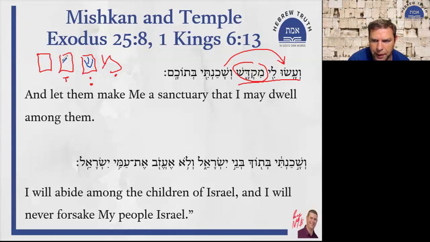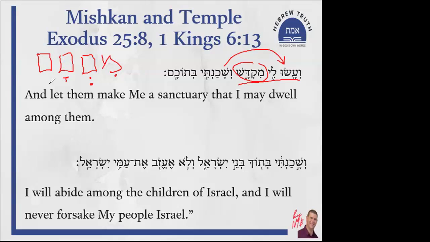The root shin mem reish is put into the pattern of MIQTAL, and we get the word mishmar. Okay? And the word mikdash is the word for sanctuary or temple. What is the word for the tabernacle, guys?